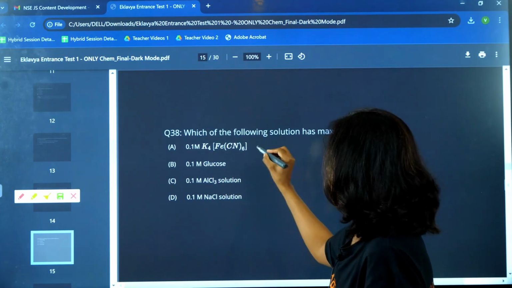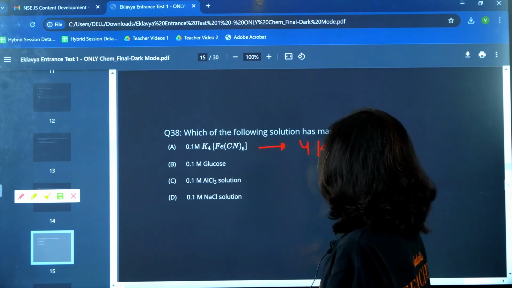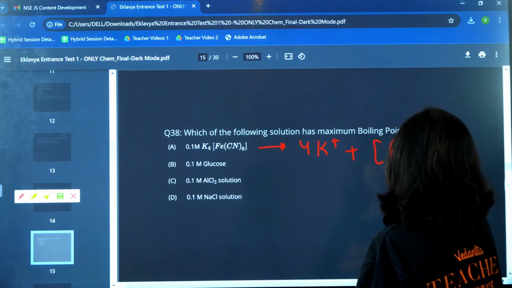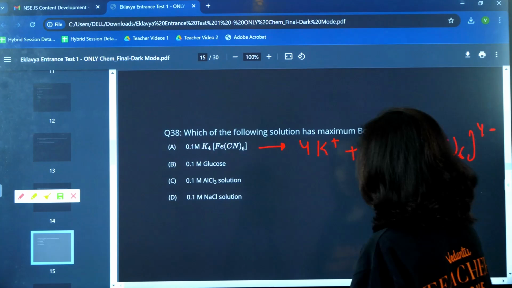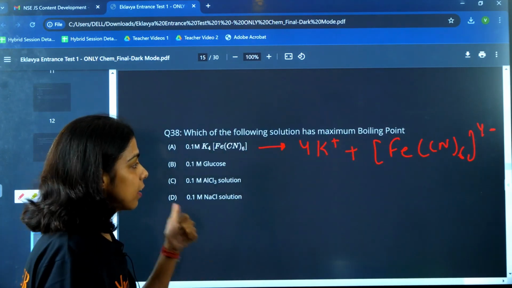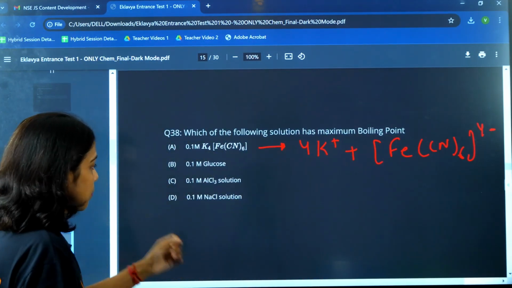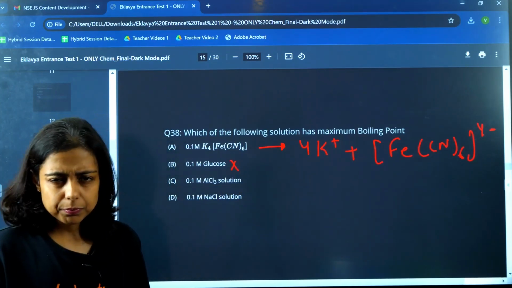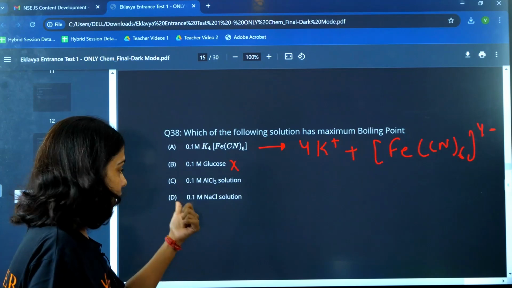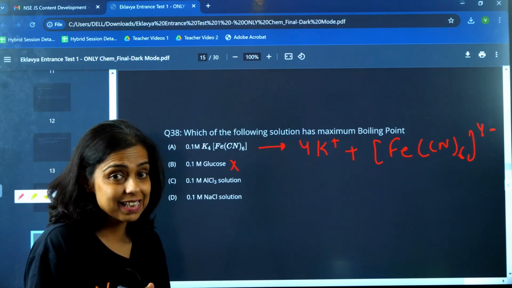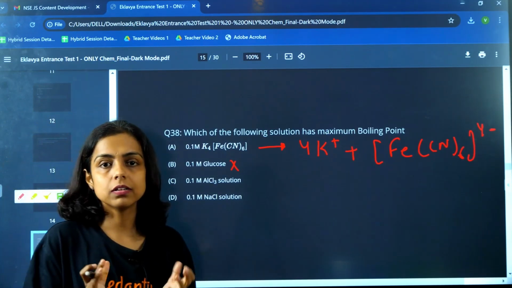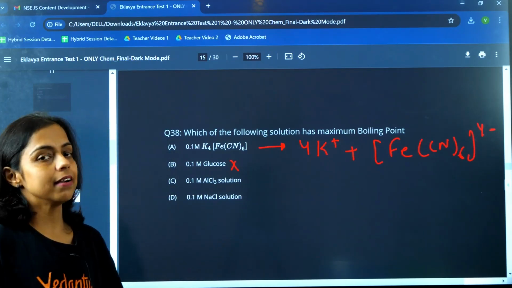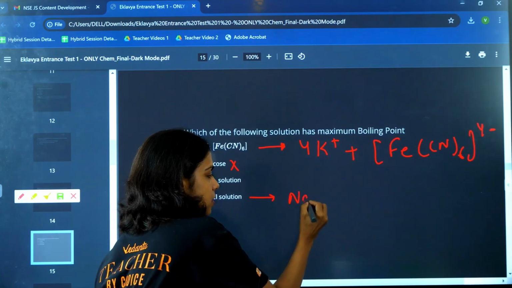This is a coordination compound, it will give 4K+ and [Fe(CN)6]4-, so in total you'll get 5 particles per molecule. Glucose will not dissociate. AlCl3, if it dissociates, will give 4. Although AlCl3 is a covalent molecule, the dissociation depends upon various factors. NaCl is clearly a strong electrolyte, so Na+ and Cl-.